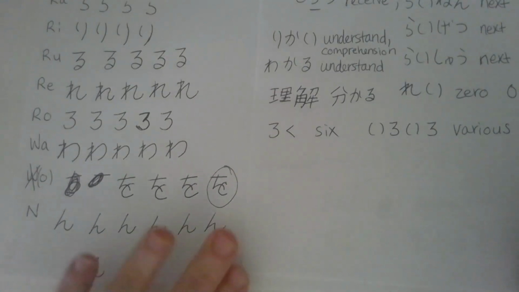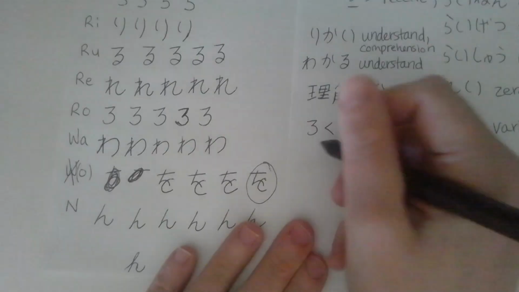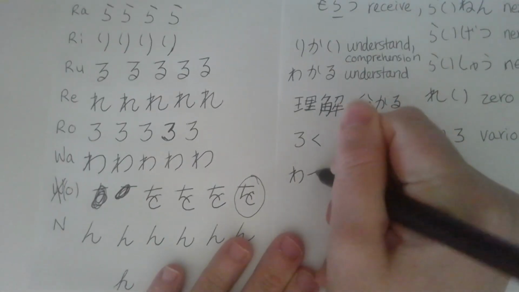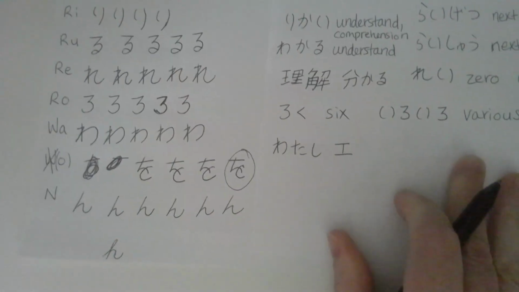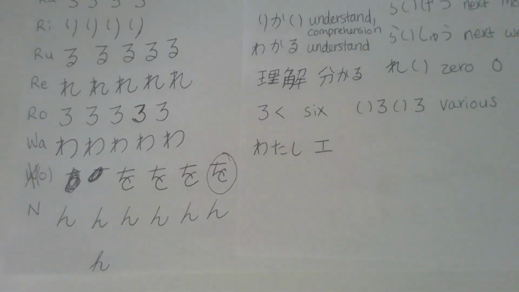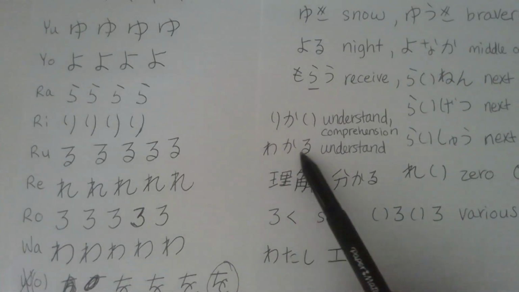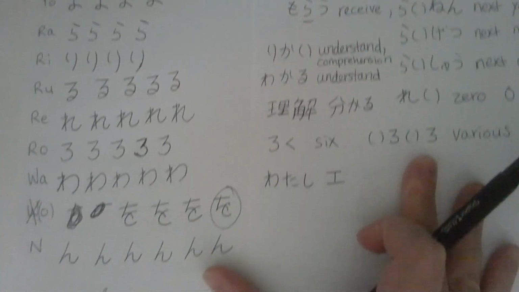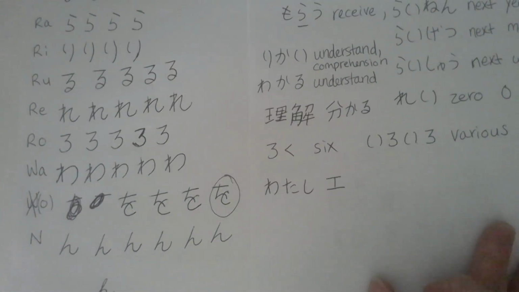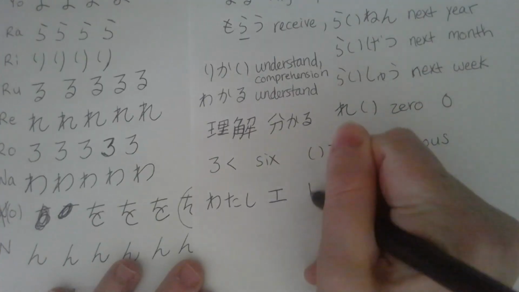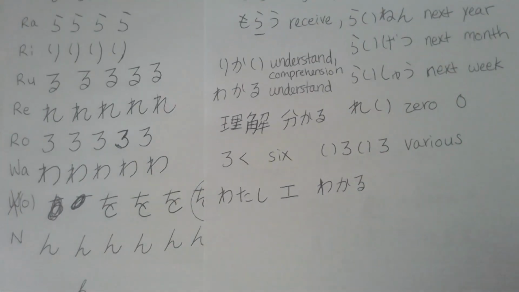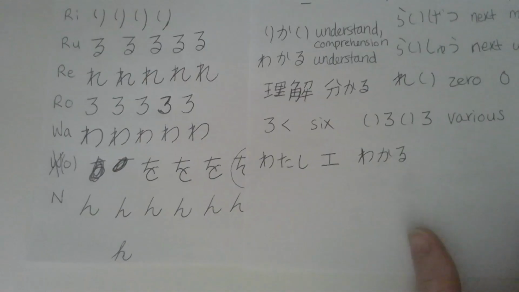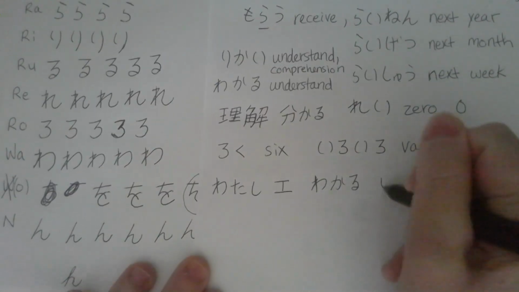We can write watashi, wa, ta, shi, that means I. Oh, and of course we used it here with wakaru. So you have two examples with wa. I'll just write it again, wakaru. And again, that means understand.